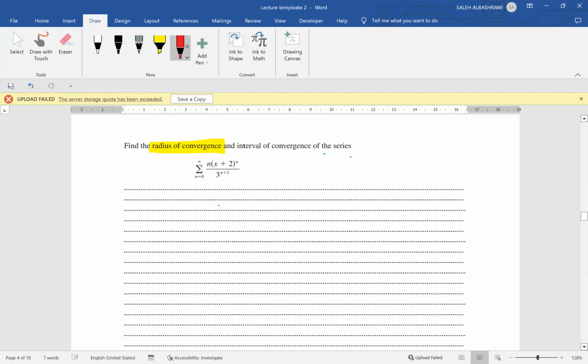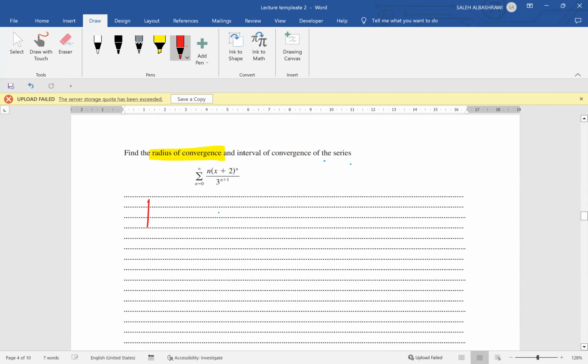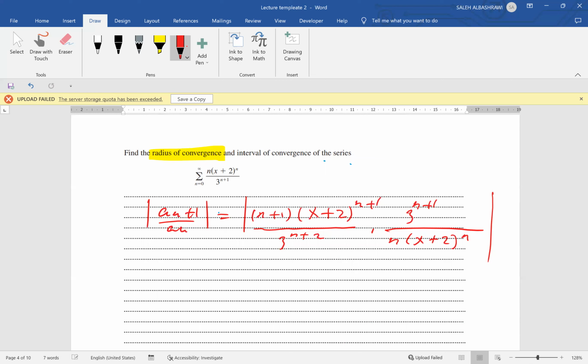By the ratio test, this will be a_(n+1) divided by a_n, which is equal to: replace n by n plus 1, multiplied by (x plus 2) to power n plus 1, divided by 3 to power n plus 2, multiplied by a_n, just write it upside down, it will be 3 to power n plus 1 divided by n times (x plus 2) to power n.